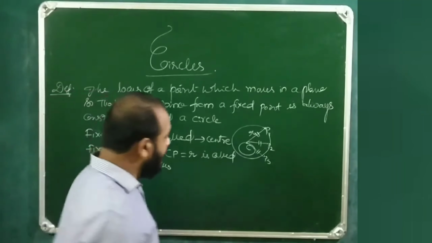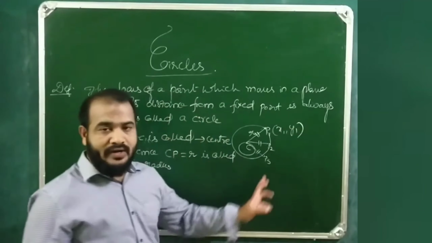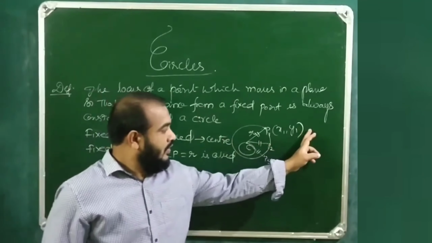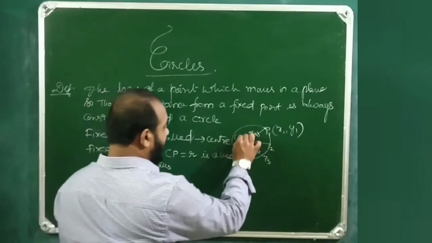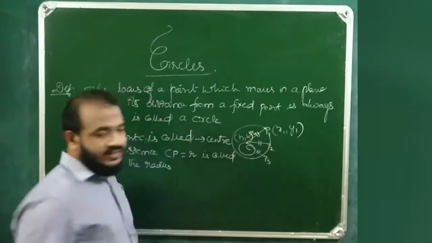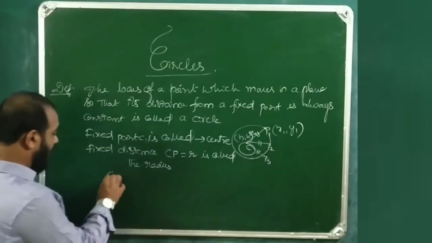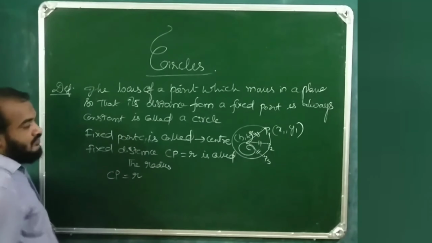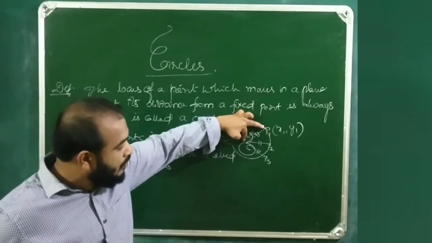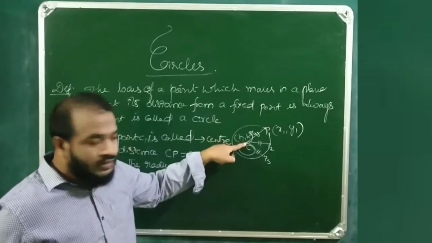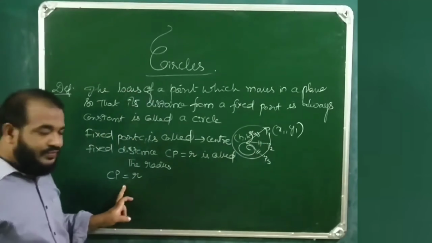So now let P(x1, y1) be any point in the plane, and C(h, k) be the center. Then by definition CP is equal to r. The distance from a fixed point to any point in the plane is equal to r.